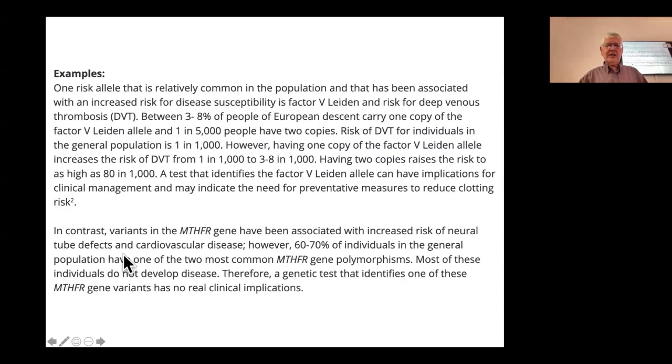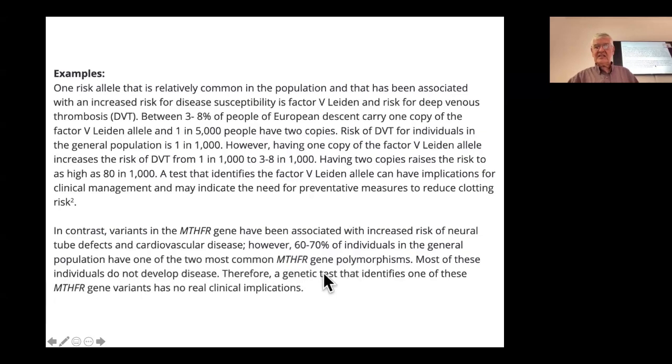Or this one down here says here's a variant in another disease-causing gene, related to neural tube defects and cardiovascular diseases. But 60 to 70% of individuals in the population have one of the 2 most common gene polymorphisms, SNPs. Most of these individuals do not develop the disease.